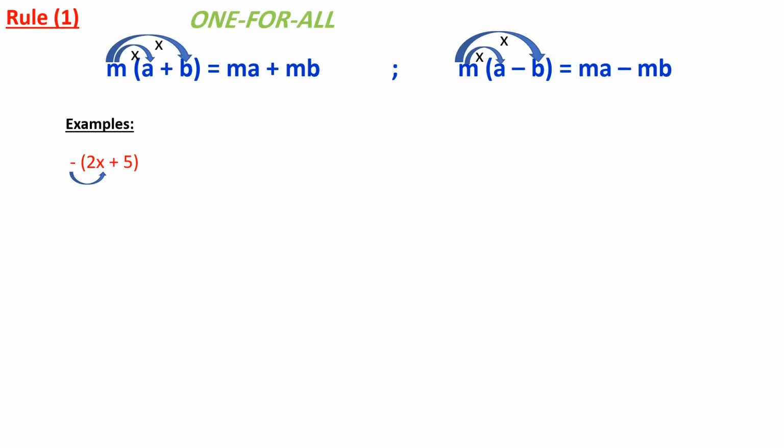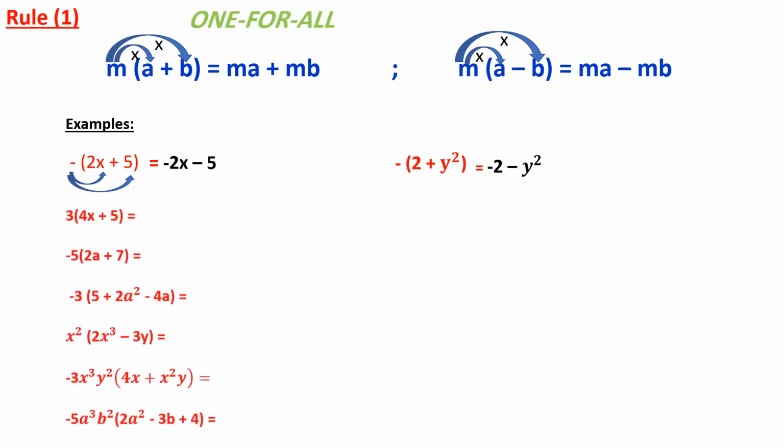Negative times positive 5, negative times positive is negative, and we keep the 5. So our answer is negative 2x minus 5. The second example, also the parenthesis is multiplied by a minus. 2 is positive, so negative times positive is negative, so negative 2. Negative times positive is negative, so y squared.